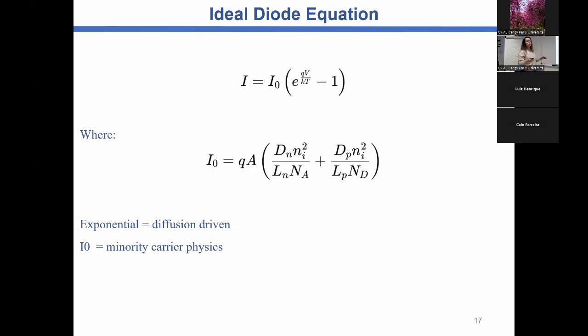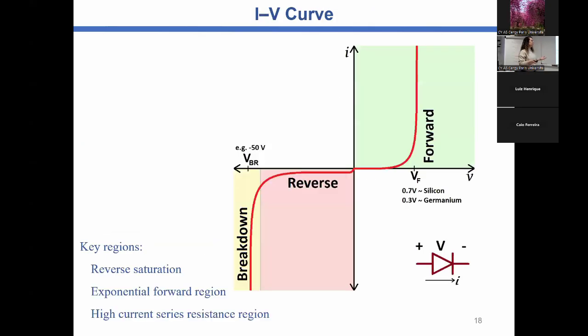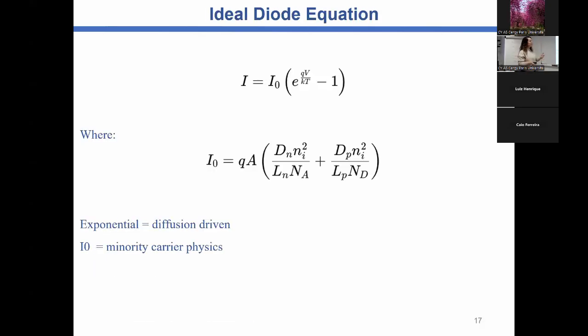It's not through the majority carriers that we have in the material. Even so, the movement is different if we have different doping, but the transport will be ruled through minority carriers.